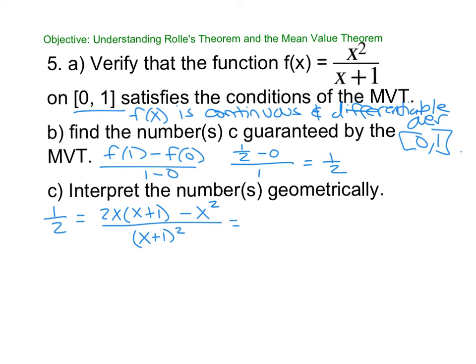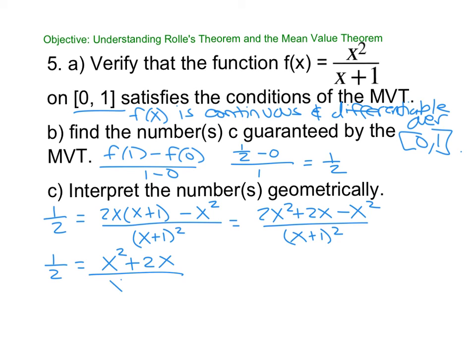So this gives us 2x squared plus 2x minus x squared all over x plus 1 squared. So we get 1/2 equals x squared plus 2x over x plus 1 squared.